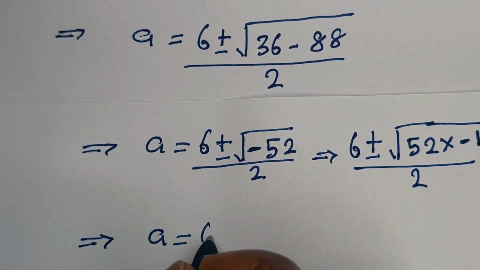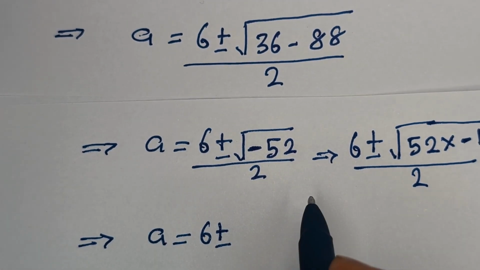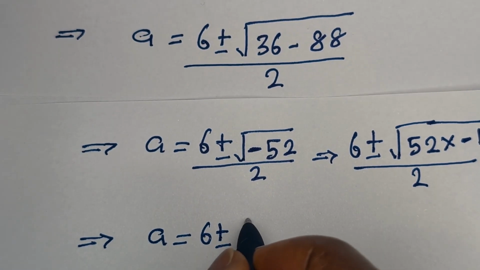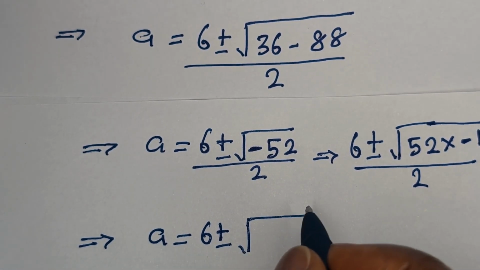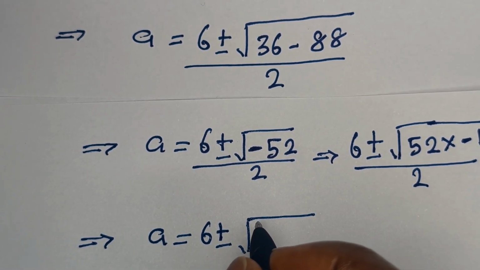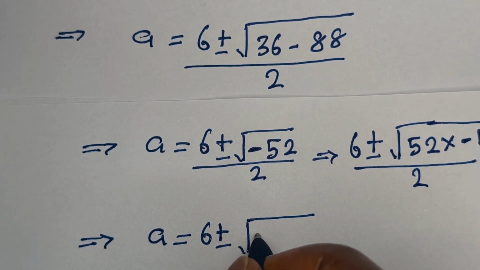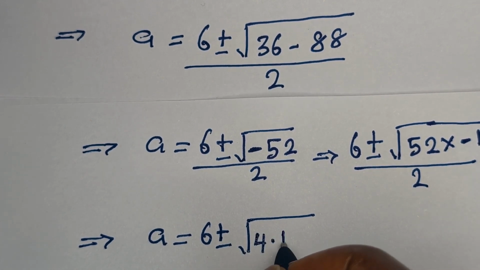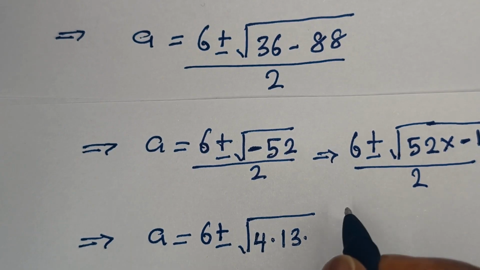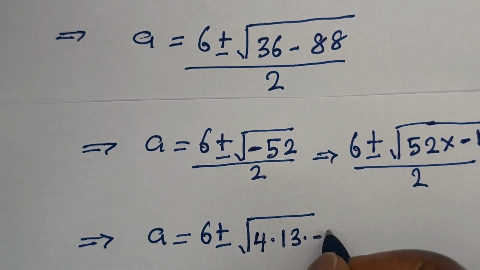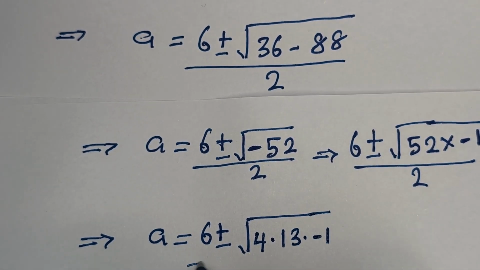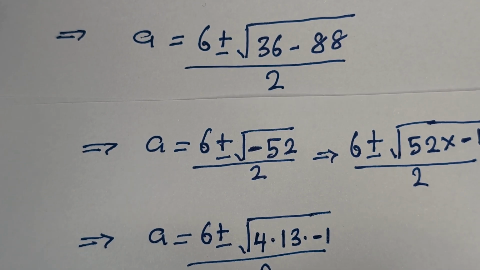a is equal to 6 plus or minus square root of 52, which can be written as square root of 4 multiplied by 13 multiplied by negative 1, then everything over 2.